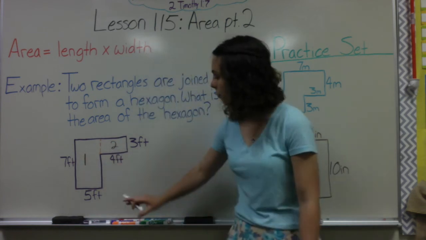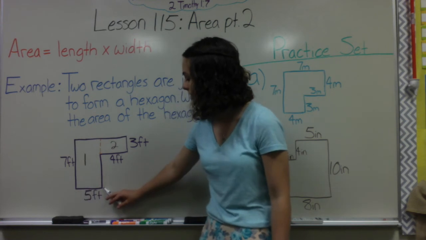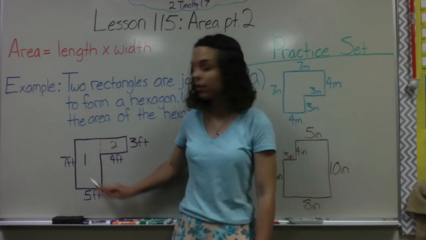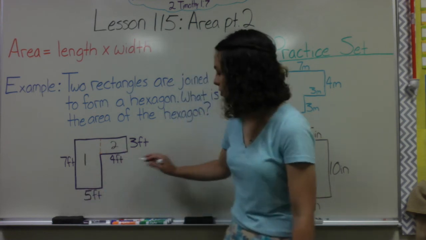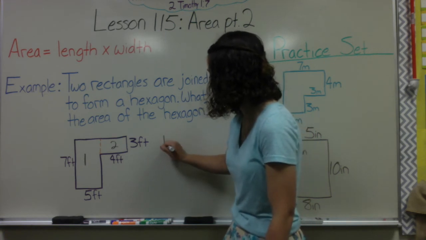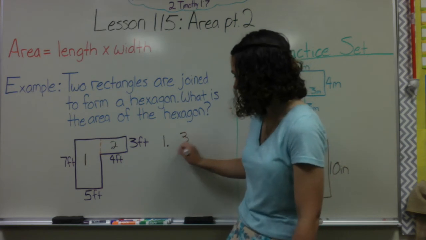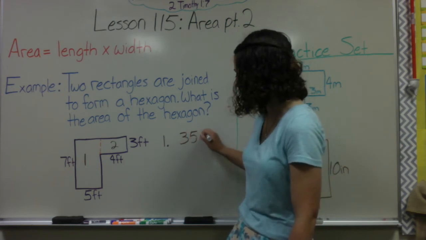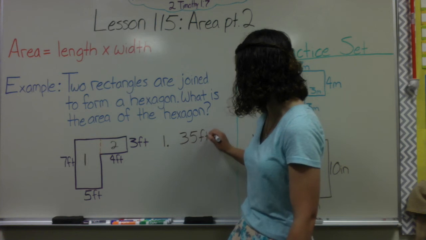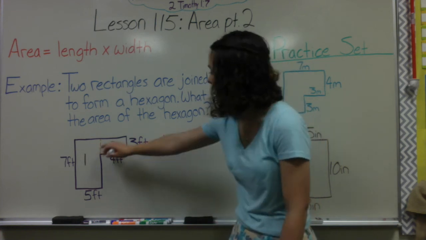So with rectangle 1, I have a width of 5 feet and a length of 7 feet. So 7 feet times 5 feet for rectangle 1 is going to be 35 feet. We label it squared. So that's area 1, or rectangle 1.